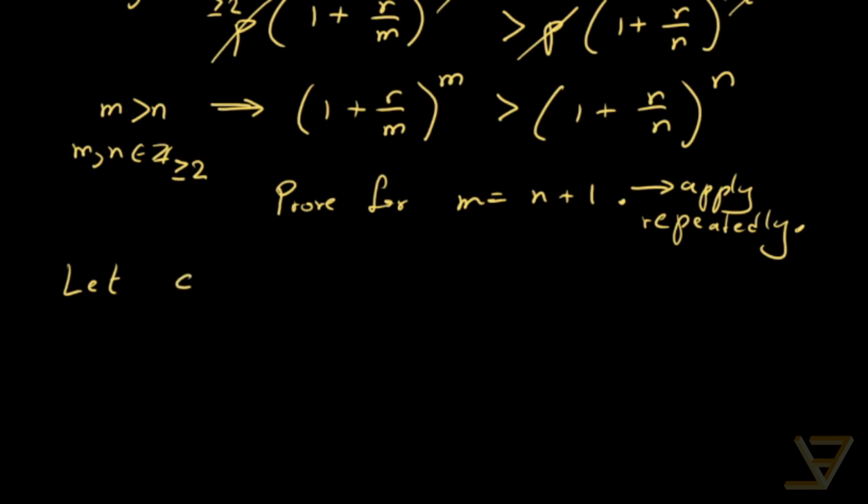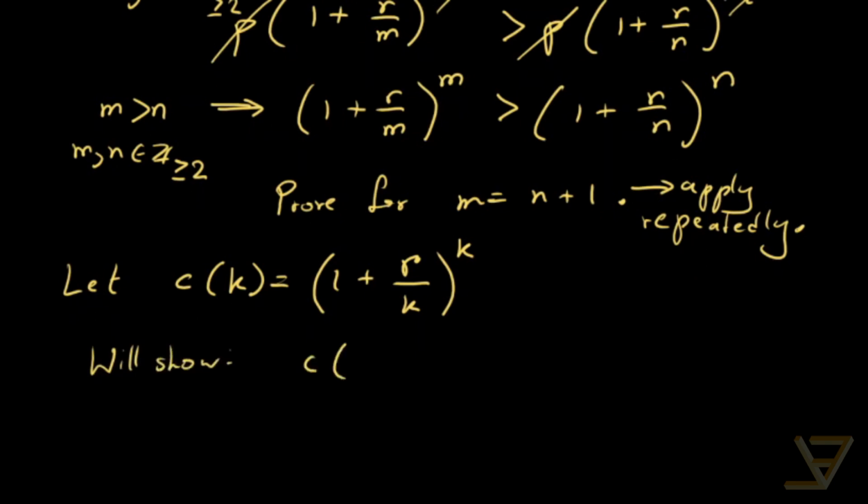We'll say a compound of, let's say, c of k is equal to 1 plus r over k to the power of k, and we're going to show that c of k plus 1 is strictly greater than c of k, assuming the rate is not 0, and you'll see why it can't be 0 in just a moment.